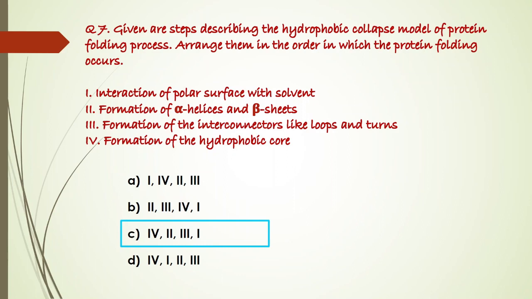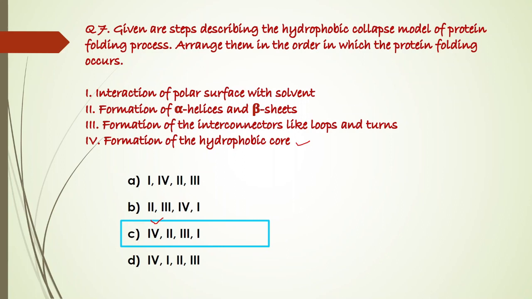In the case of hydrophobic collapse, from the name you can actually think that the very first thing that happens is the formation of the hydrophobic core. So this is our first one. Once the hydrophobic core has formed, the rest of the protein tries to form secondary structures like alpha helices or beta sheets.